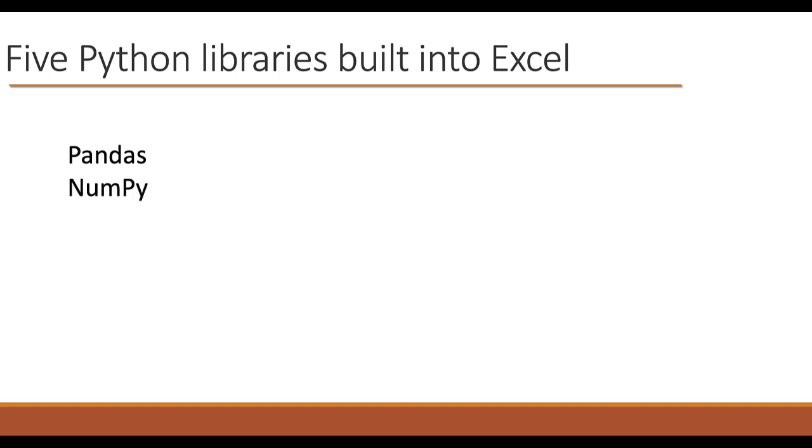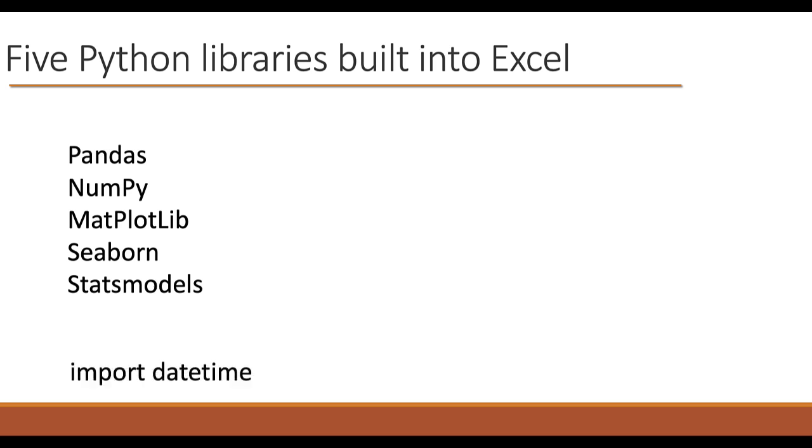There's also Matplotlib, a math plotter, Seaborn, and Statsmodels. All 5 come with Excel, but you can import other libraries too. For example, there's a library called datetime that, as the name sounds, has a lot of date and time functions. To import a library, simply go into Python mode and use the import function. So you would say import datetime.